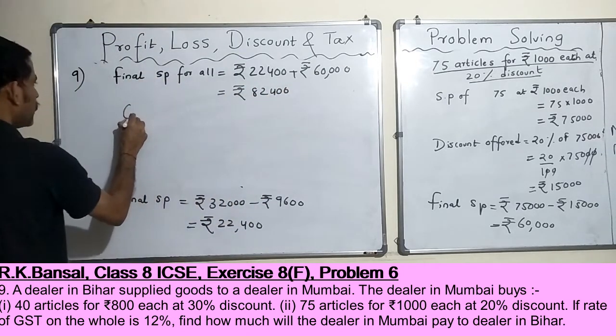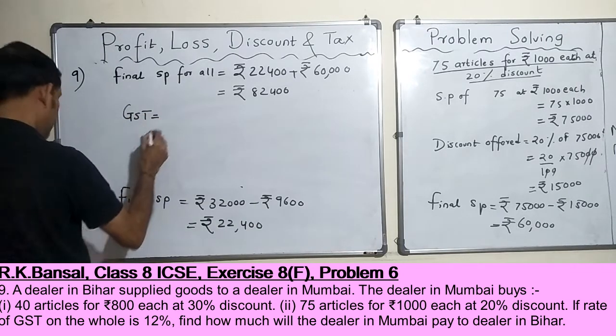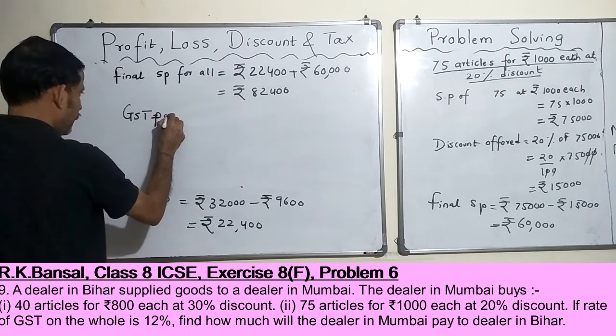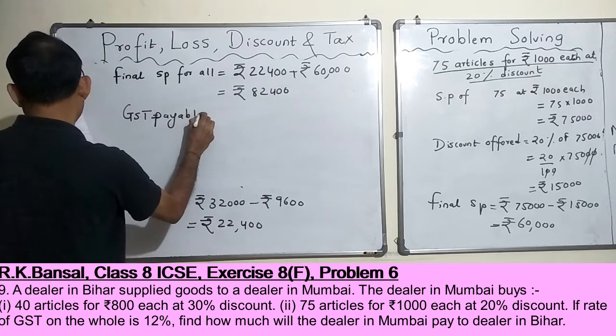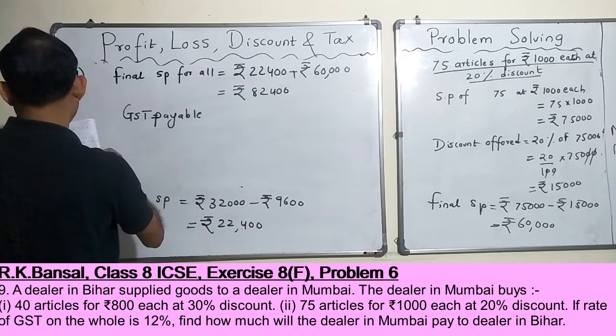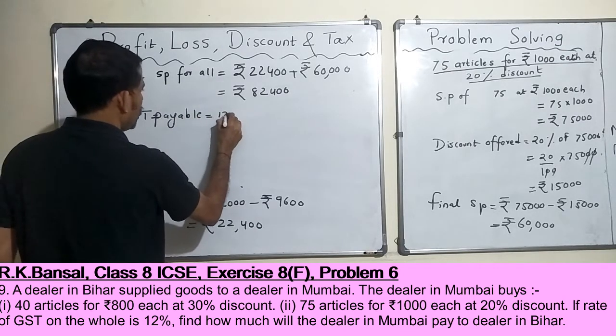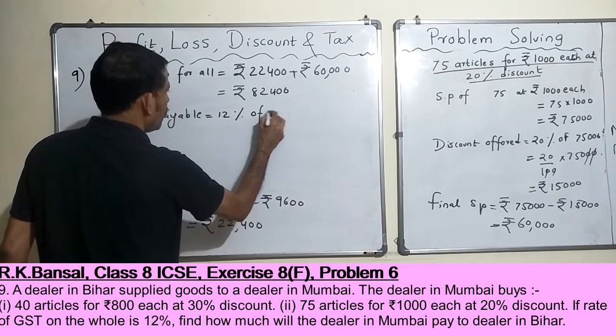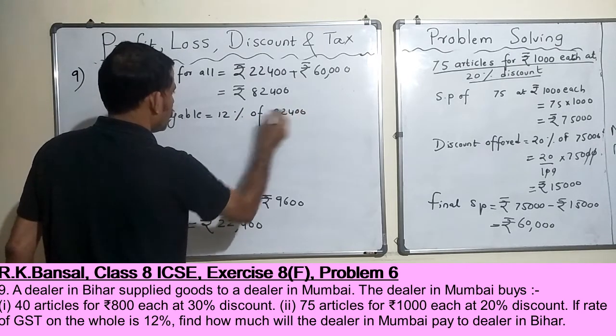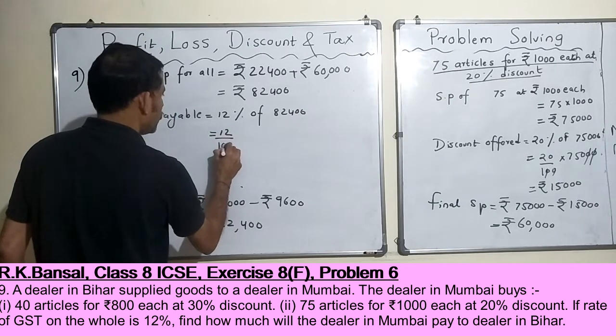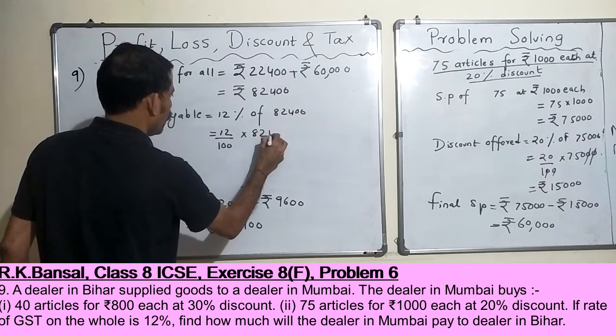Now GST payable is, you have to also have GST, right? GST payable. What is the percentage of GST? I forget. It is 12%. So 12% of 82,400 is equal to 12 by 100 into 82,400.